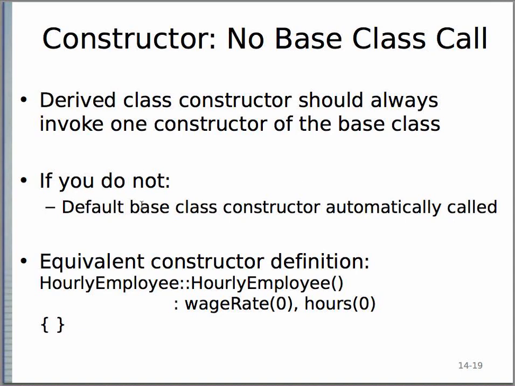You don't have to do it, but it's always a good idea to do it yourself. If you, for example, skip calling the constructor of the employee class in here, it's actually implicitly called in here. So even if you don't put it in, it's done for you.